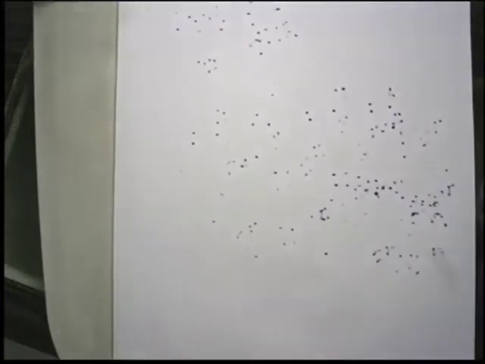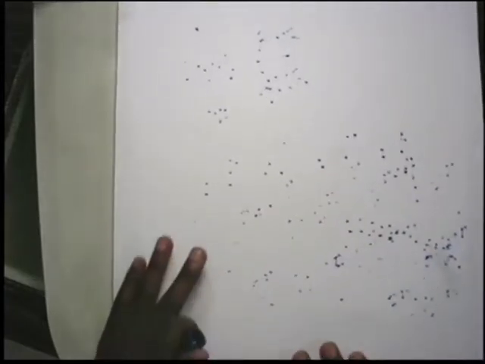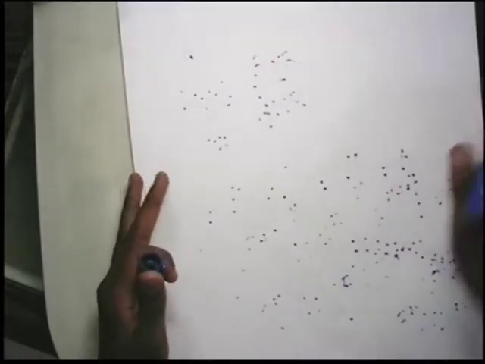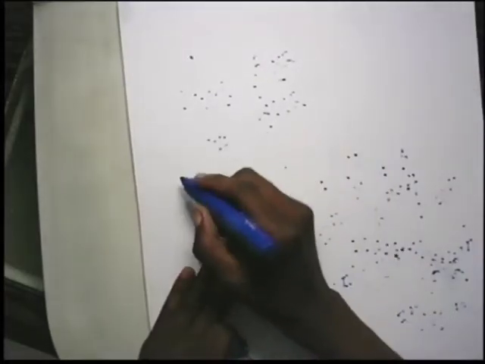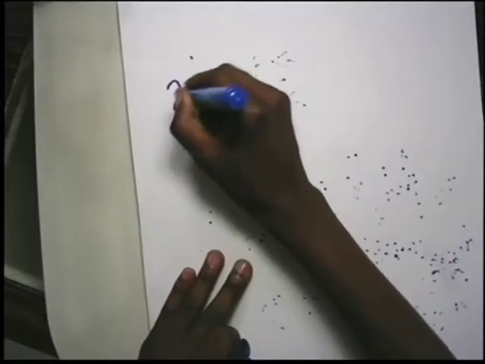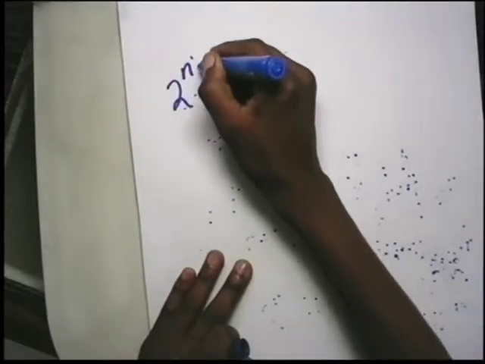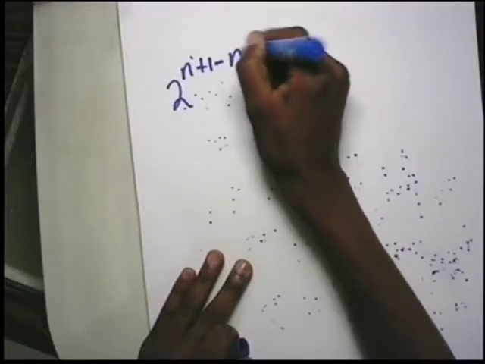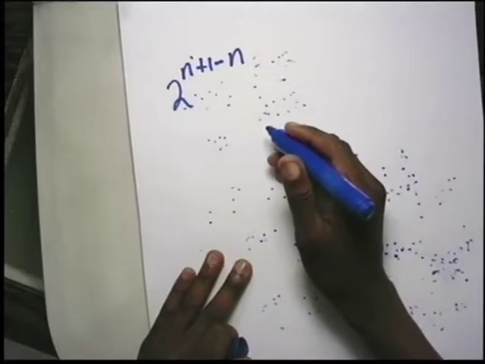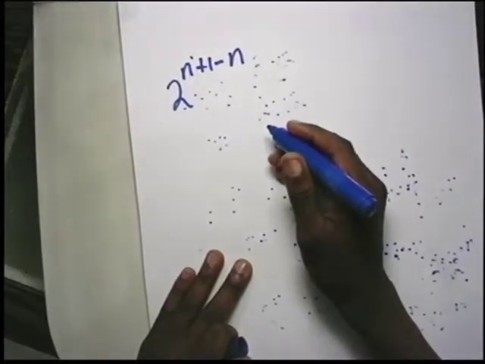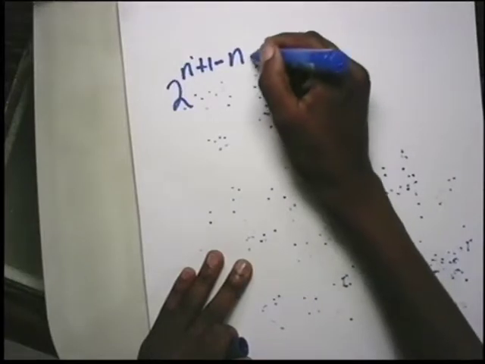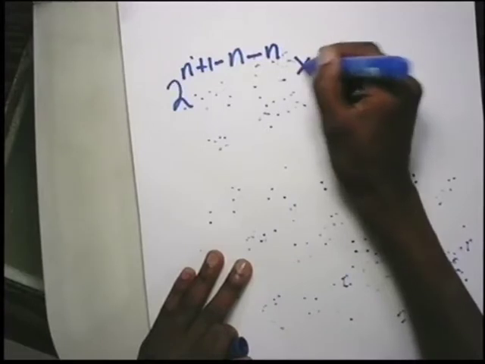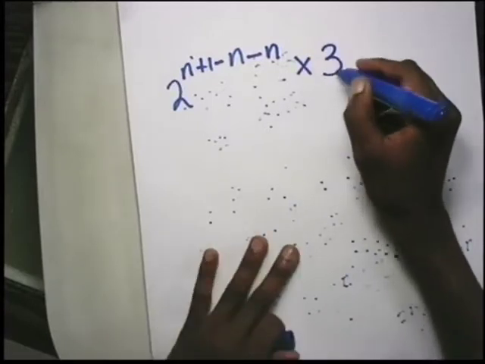The next step will be, again, you have denominators there that you need to get rid of. So what you do, on top there, now you have 2 to the power of n plus 1 minus n. If you check very well there, you have a denominator which is 2 to the power of n there. Again, you still have to subtract n, and then you keep the 3 that is up there raised to the power of n.